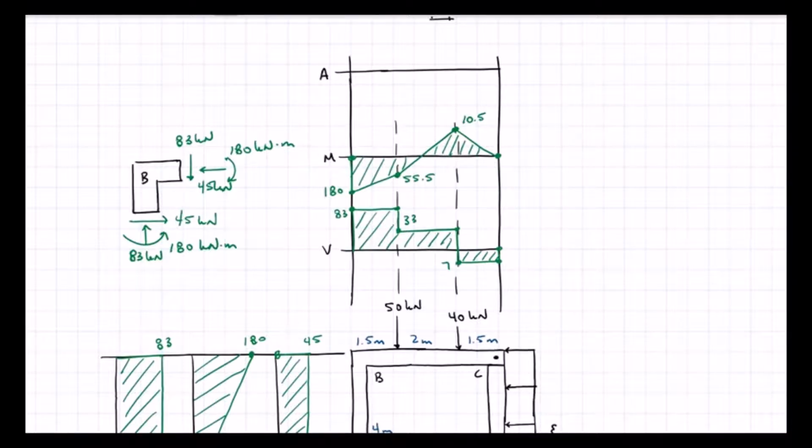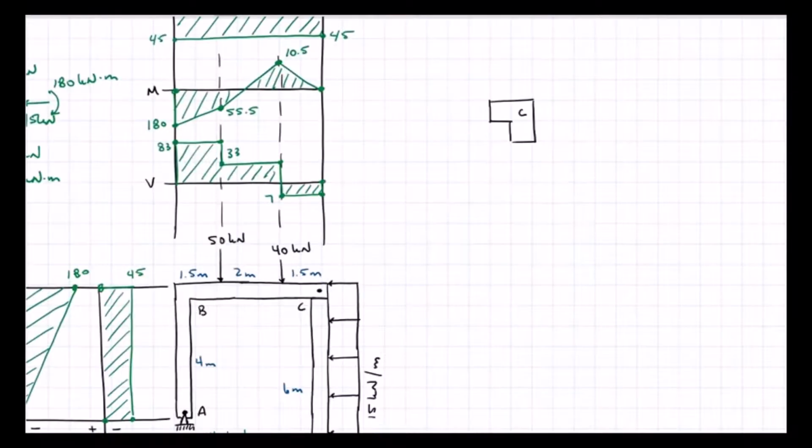Next, I have my axial force diagram. I have 45 in compression, so that means all the way across here is 45 in compression. Now I can come look at corner C. So corner C is 45 in compression.